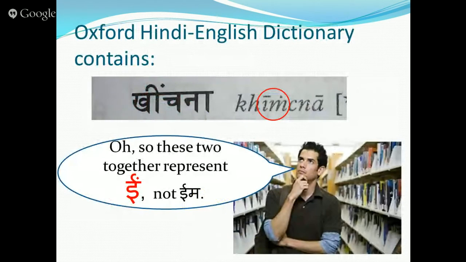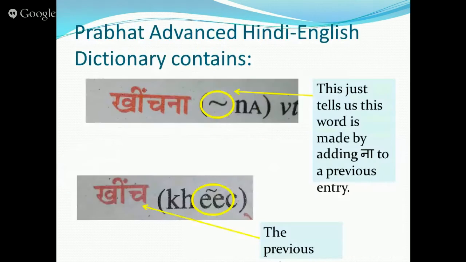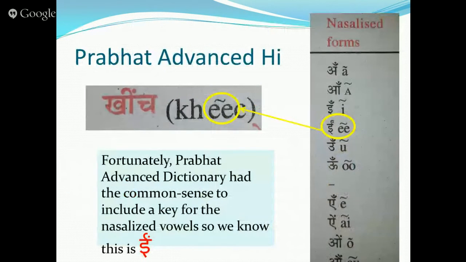But in Oxford we had to figure out that M with a dot meant nasalized. Here they're telling us that the wave means nasalized. And so for whatever dictionary you have, this is going to be the thing. You're going to have to figure out, according to the notation, what they mean.